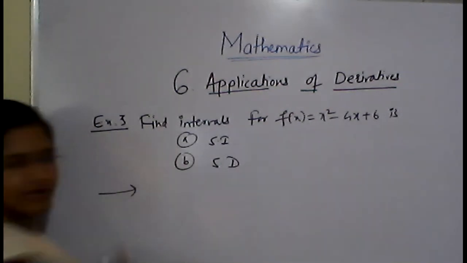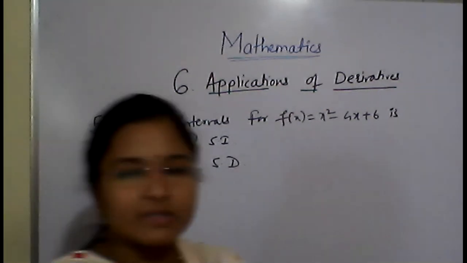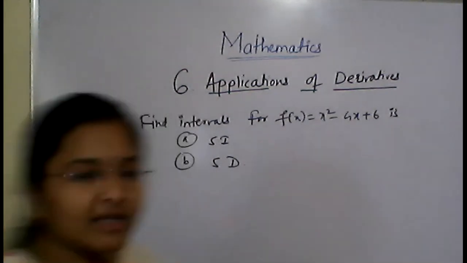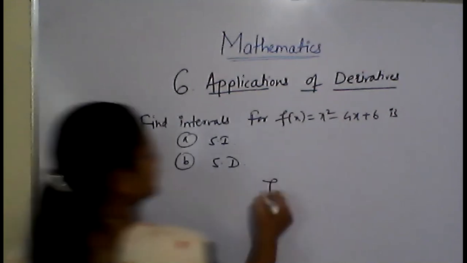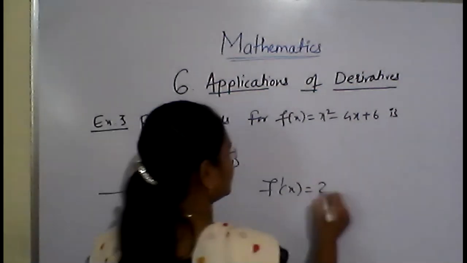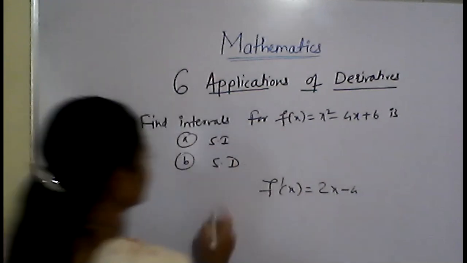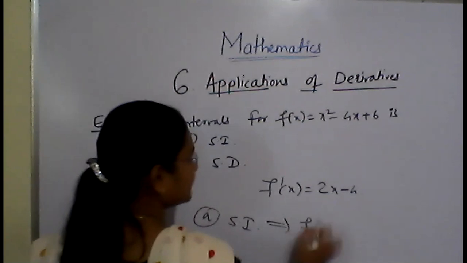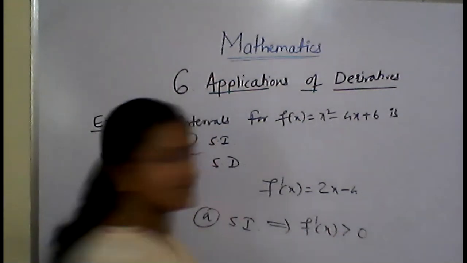Let's do it quickly, we have only 2 minutes now. What is the derivative of x square minus 4x plus 6? What is f dash x? 2x minus 4. What is the first condition? Strictly increasing. For strictly increasing we need f dash x strictly greater than 0.